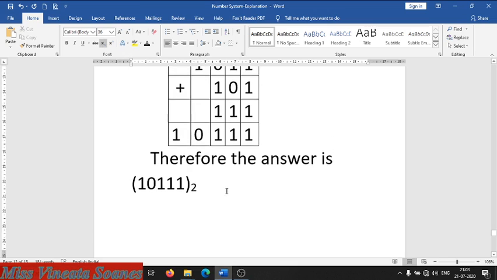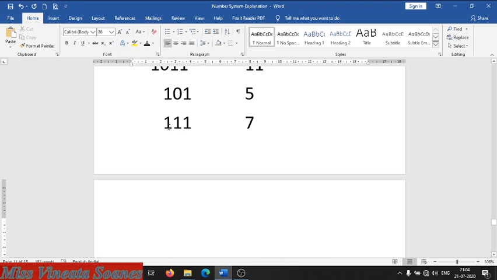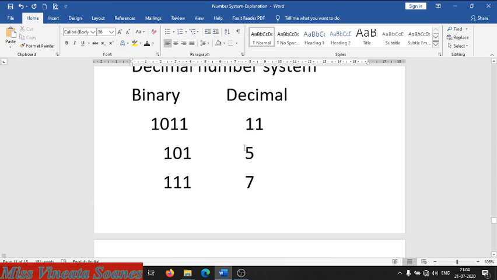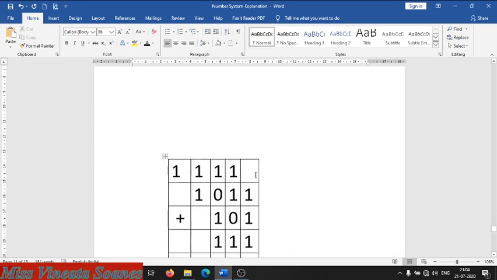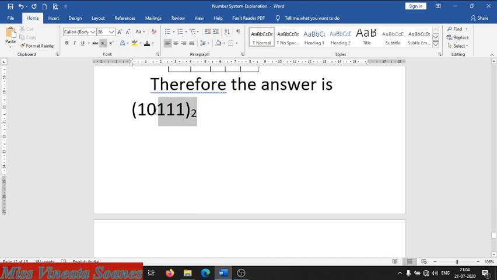After you're done with this, the next step is to convert this to its decimal equivalent, which, of course, by looking at this we know is 23, right? The answer is 23, so after you convert it, it should be 23. To do the conversion, again we use that method.